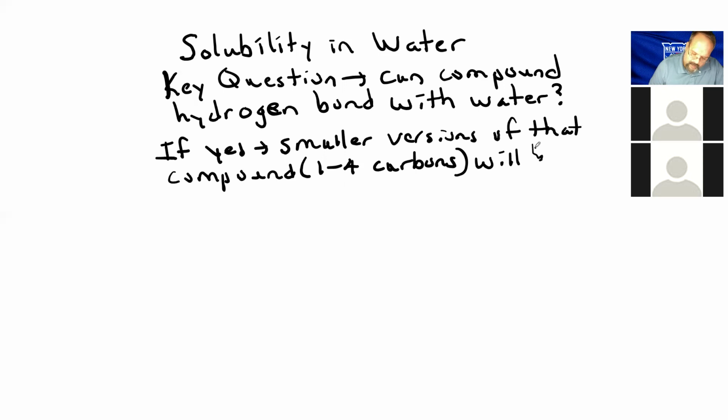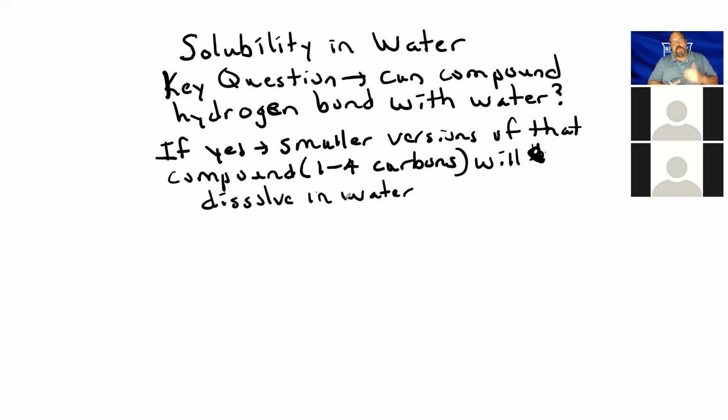Small versions of that compound will dissolve, will be soluble in water. Now, again, what is hydrogen bonding? Hydrogen bonding is the force of attraction between a polarized hydrogen, essentially one that has a partial positive charge in one molecule.